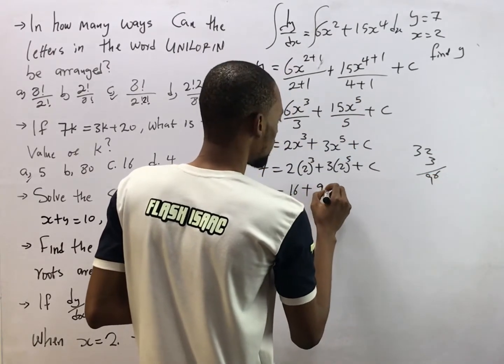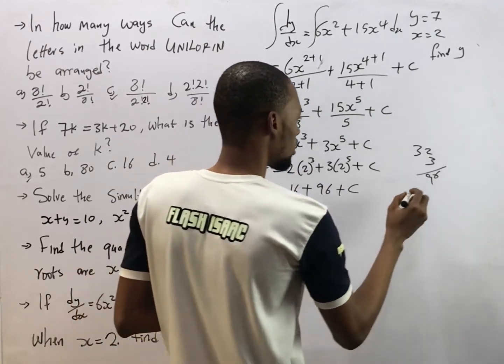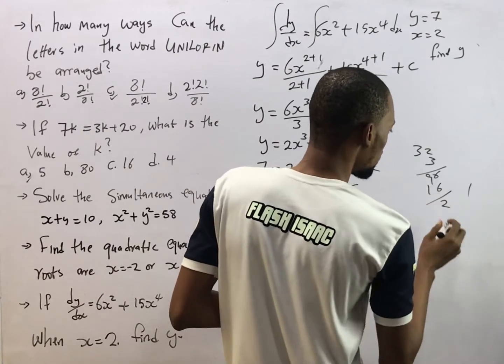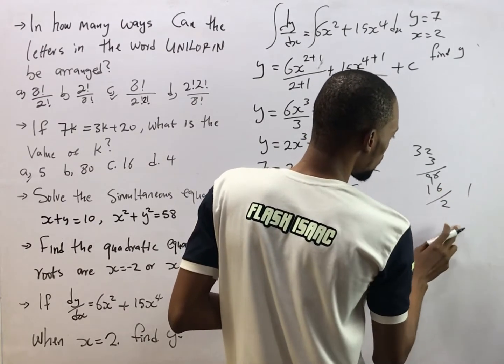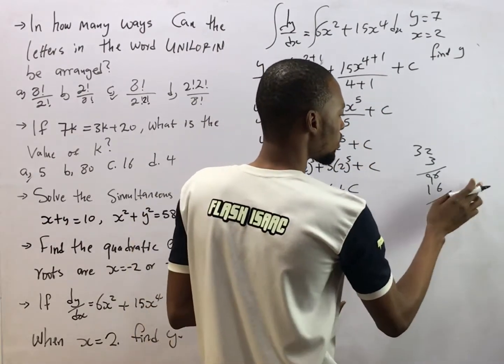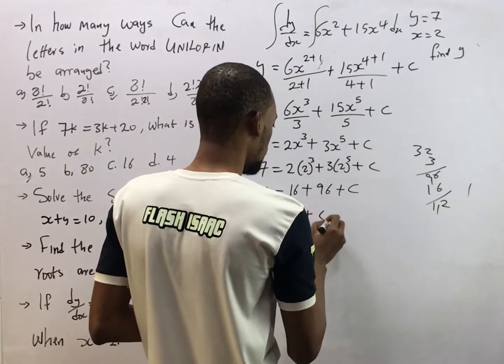So 96 plus c. 7 equals 96 plus 16. This will give you 12. Take 1. 10 plus 12. Take 1. 9 plus 1 is 10. 10 plus 1 is 11. So we have 112 plus c.